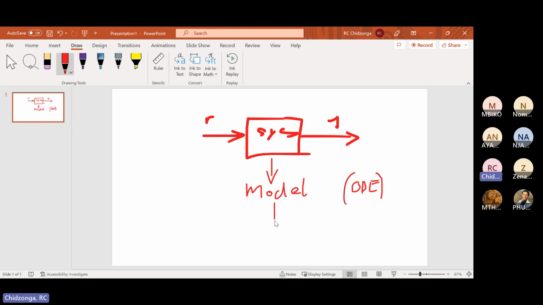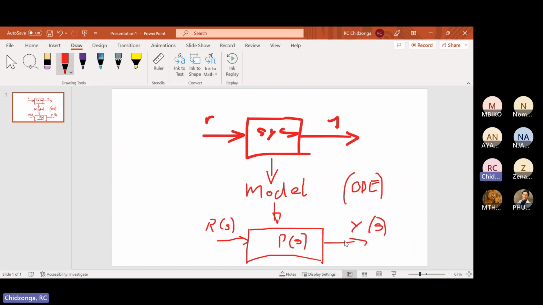Now, this model ends up with a transfer function. So we end up with a transfer function, P(s), in the S domain. And we have R(s) as our input, and we have Y(s) as our output. All right? Now, second slide.